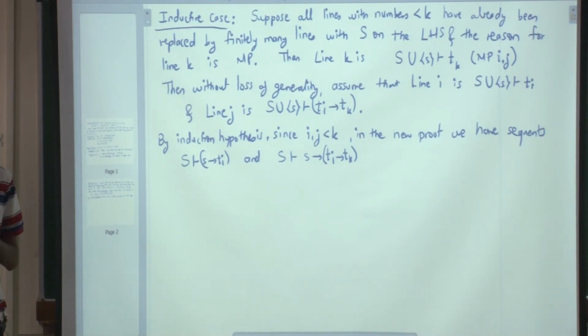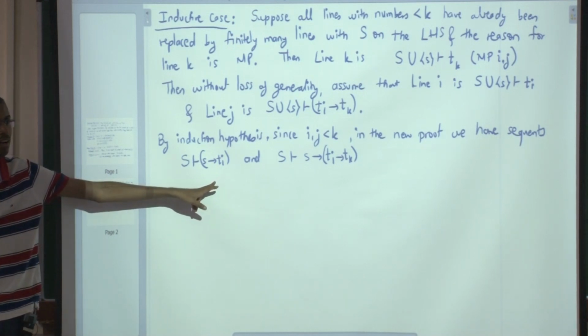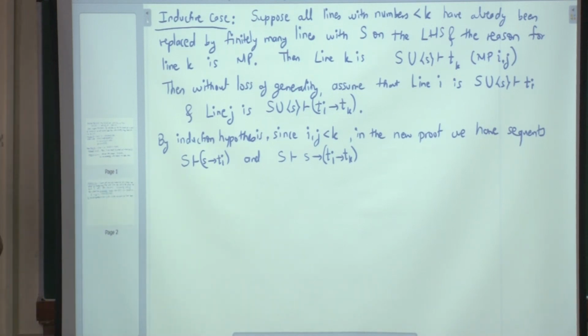Now tell me how to obtain a proof of S implies Tk. I cannot use MP on this. Can you see that? We need the self-distributive law.